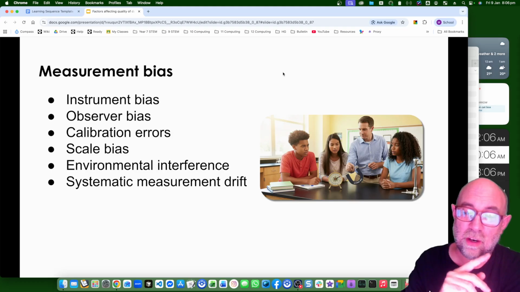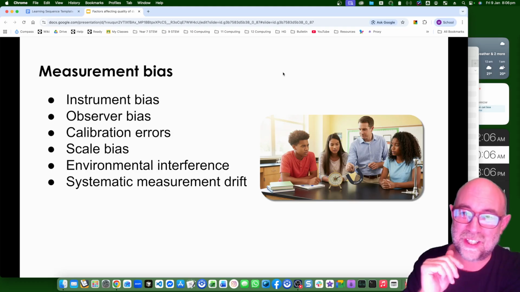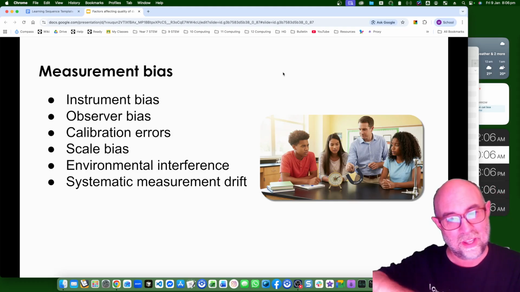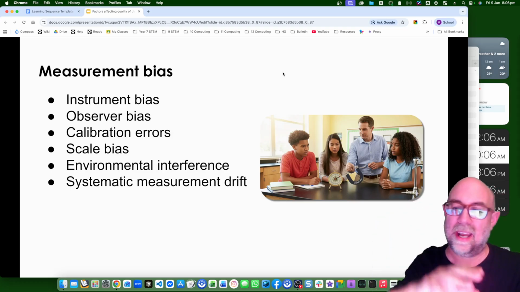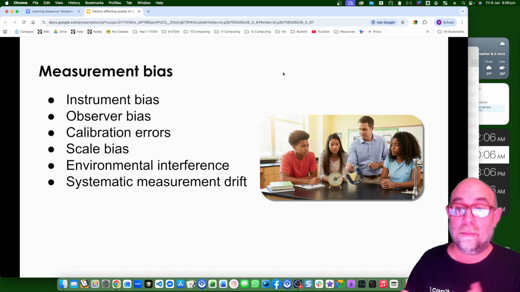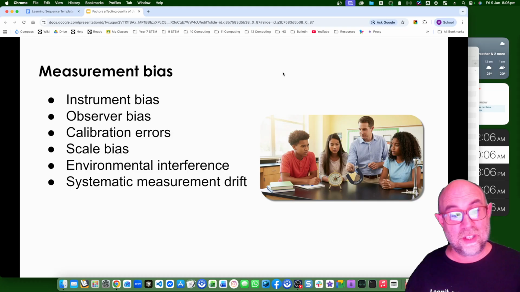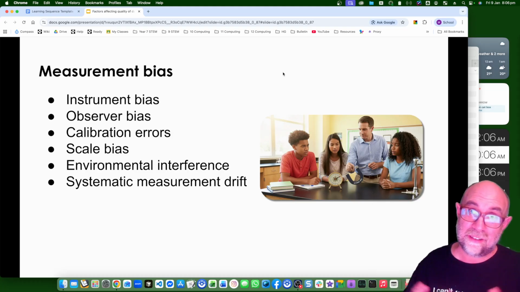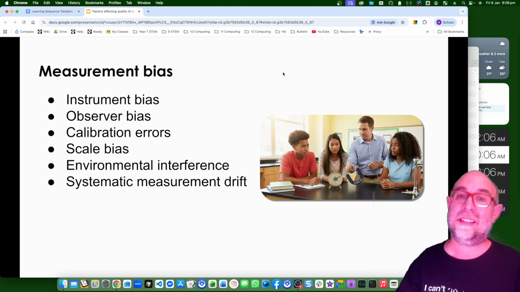Now, the scale bias isn't that your scale is biased, it's to do with the way that you scale the data up and it misrepresents what's going on with it. You've got environmental interference. You know, if I'm trying to use a sound sensor and it's a really noisy room, then I've got environmental interference as a source of bias in that sound sensor.